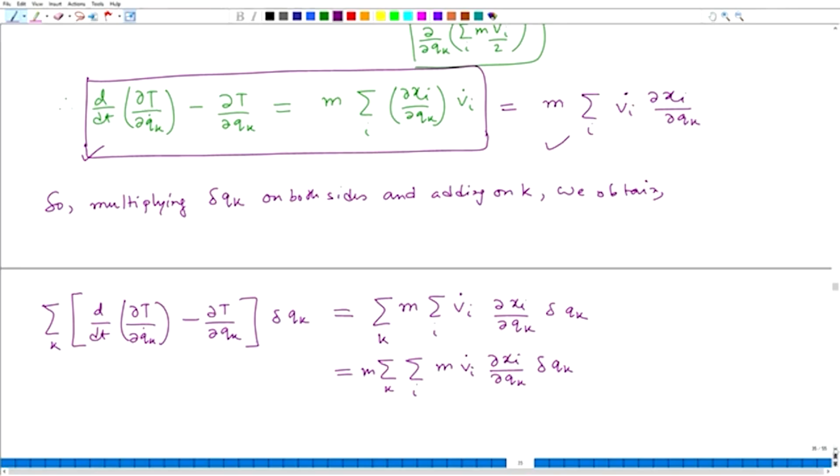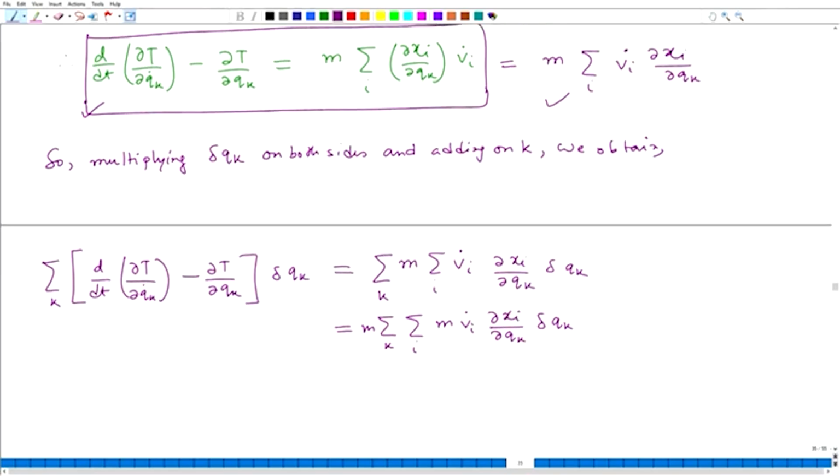If you remember what this is, if I just make a summation over k first, what would it be? It will be simply m, summation over i, v_i dot, then summation over k ∂x_i/∂q_k δq_k. What is this?